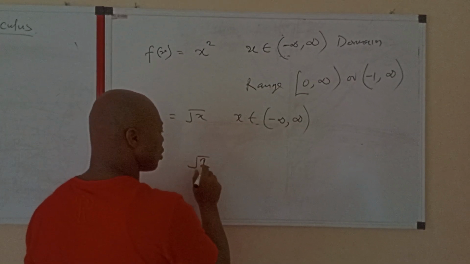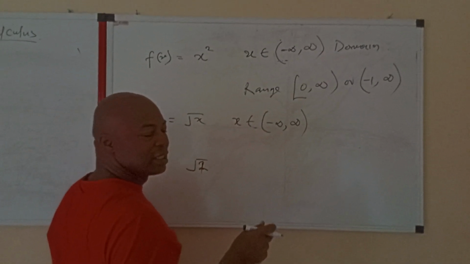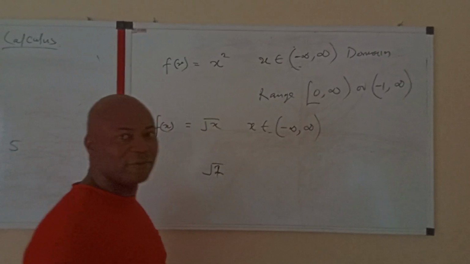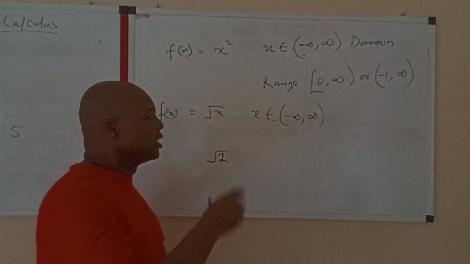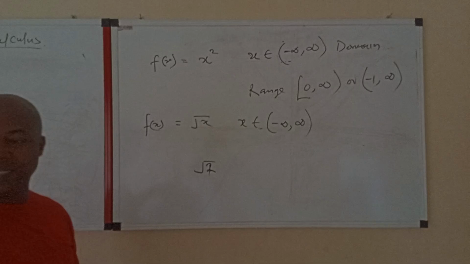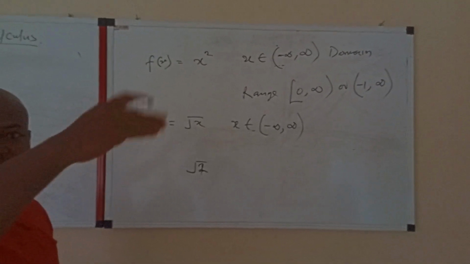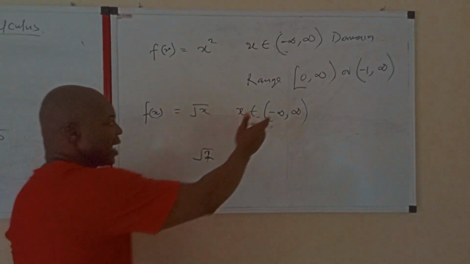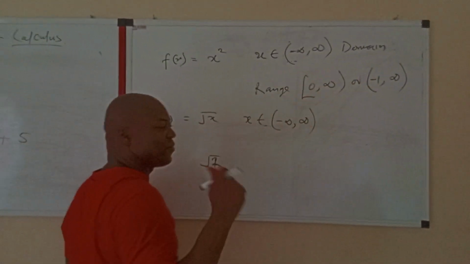The square root of 4 gives you 2. The square root of 9 gives you 3. So you see that the more you increase the number, the more the answer increases. On the positive side, it does not give you a complex number. So 0 and up is very good.